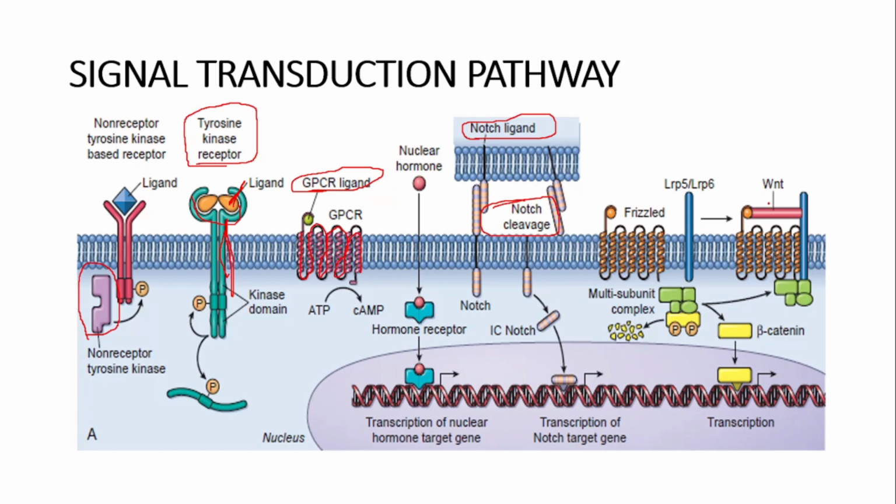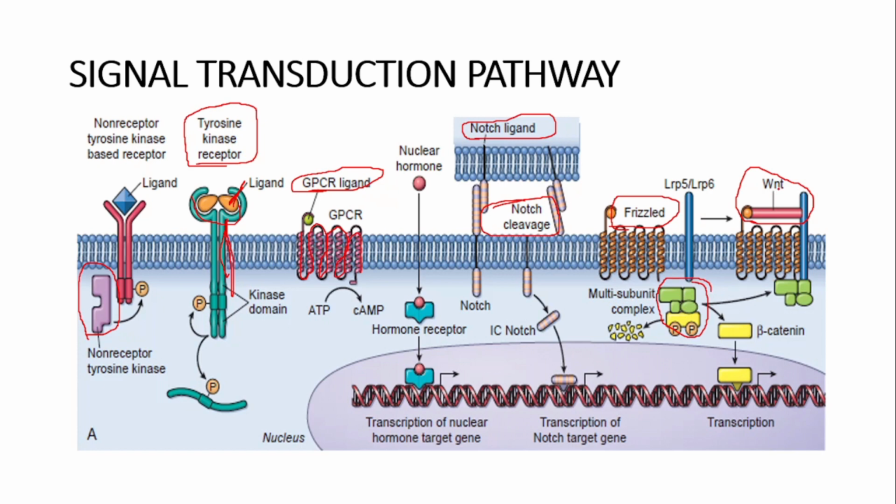And this is a Frizzled receptor. So Wnt is a ligand. This Wnt ligand will come and bind to the Frizzled receptor, leading to the disruption of this multi-subunit complex. So we will learn this in detail in the chapter on neoplasia. But as of now, you remember that there is something called a multi-subunit complex which is present in the cytoplasm.